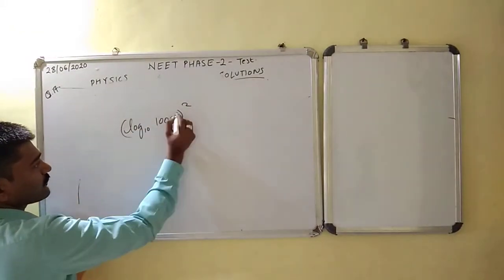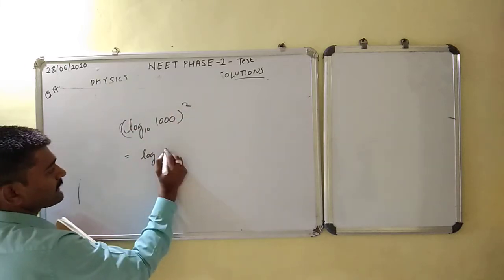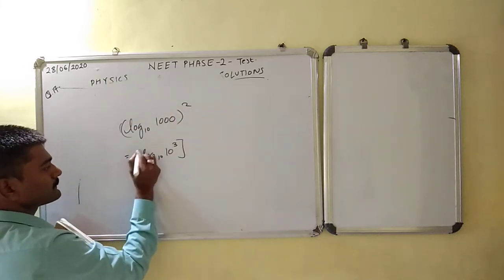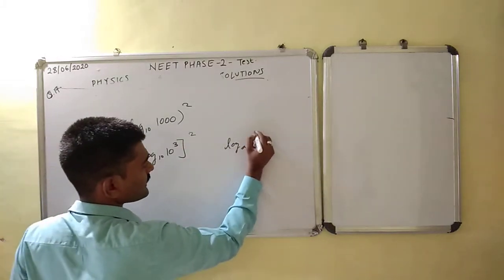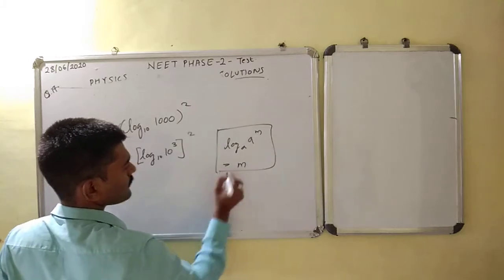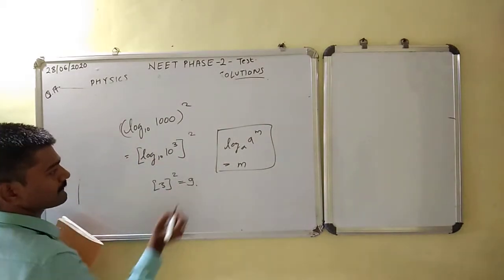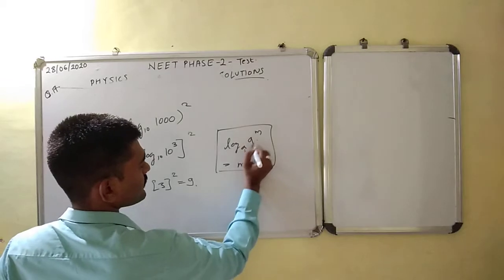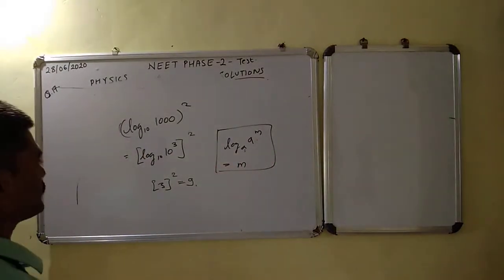It is not square of this number, it is whole square. So we have to write log of 10 to the base. What can be 1000 written as? Like this. Now we have log a to the base a raised to m can be written as directly m. So we have this answer as 3 square, that is 9. This base and main value should be same, then only this is possible.